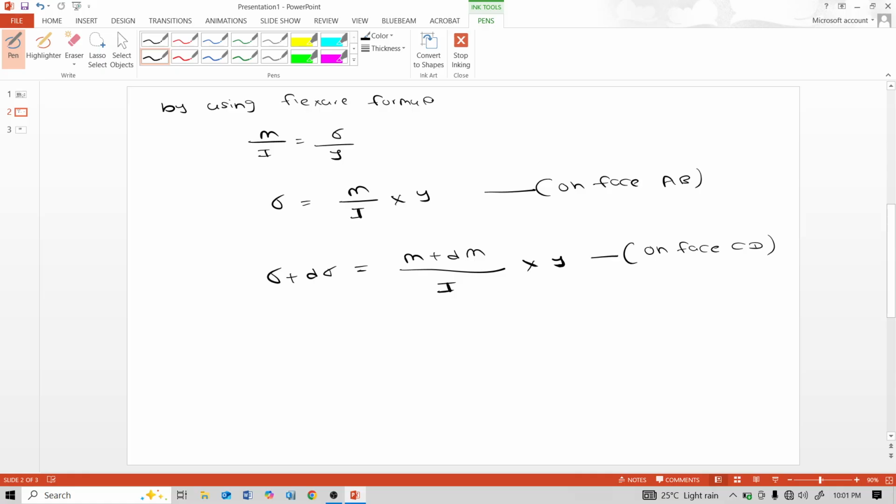Now F_AB is the force acting on AB. Force is equal to stress into area.